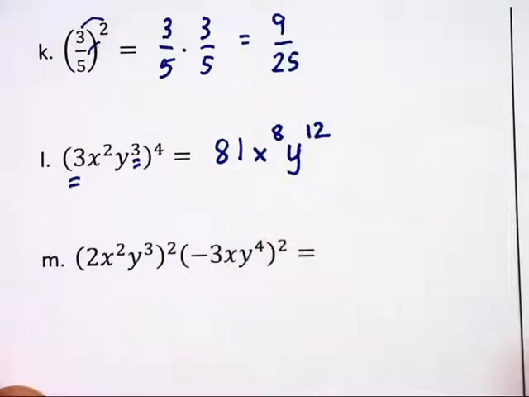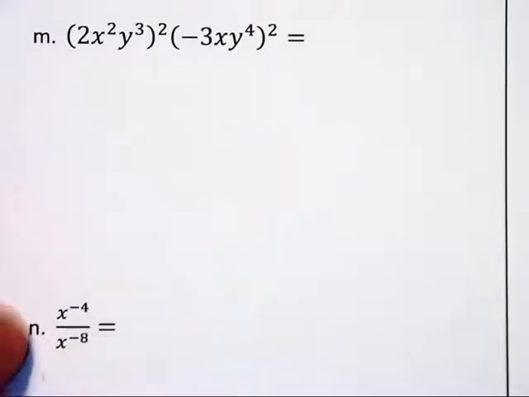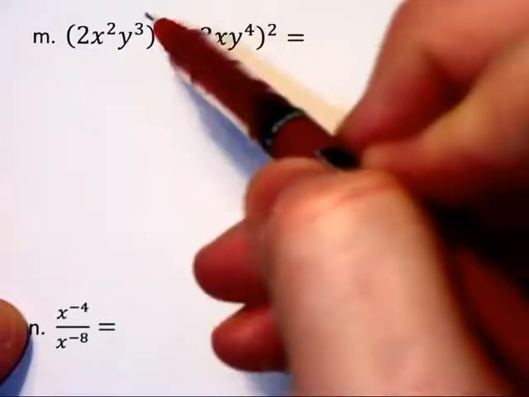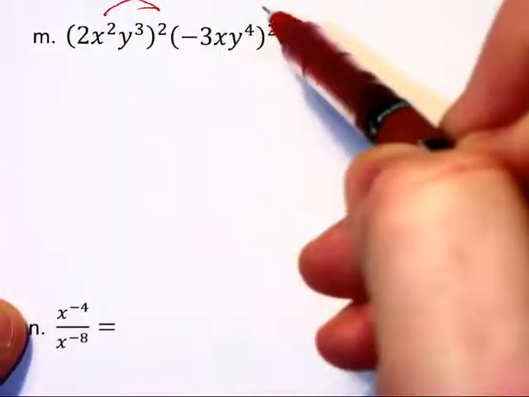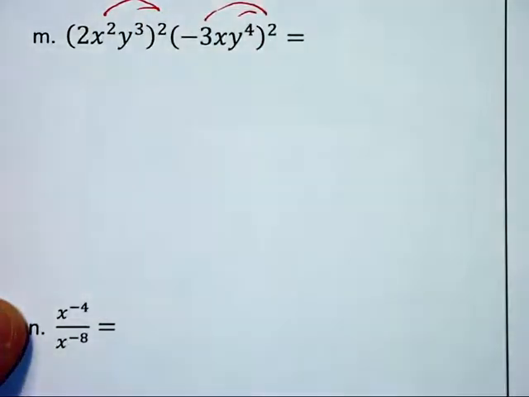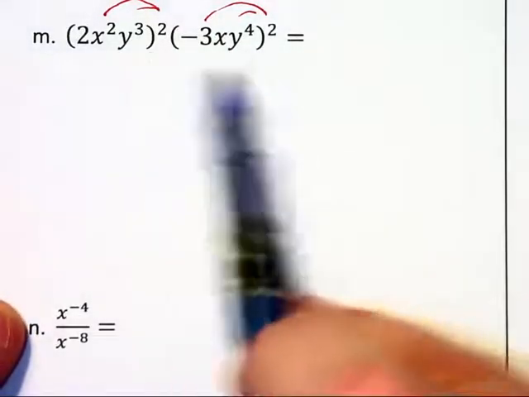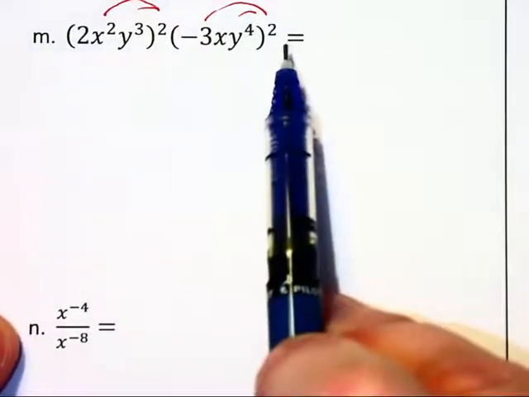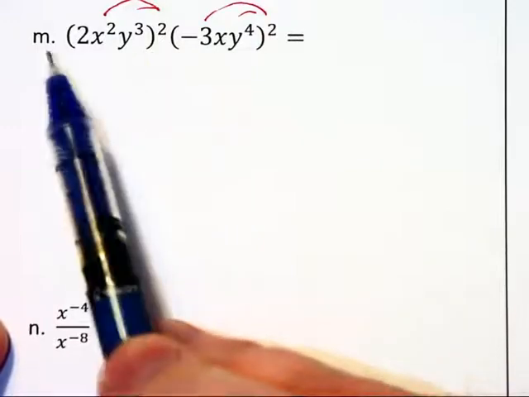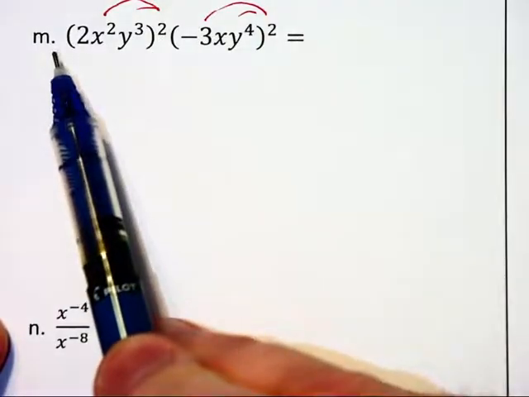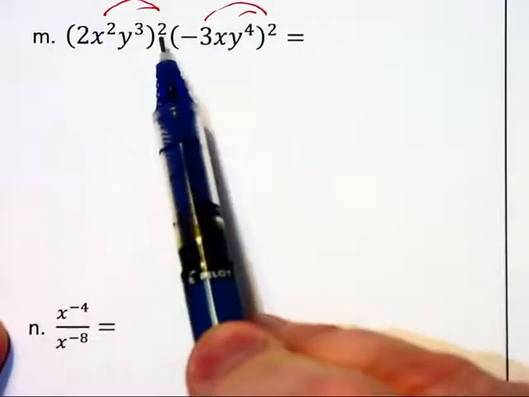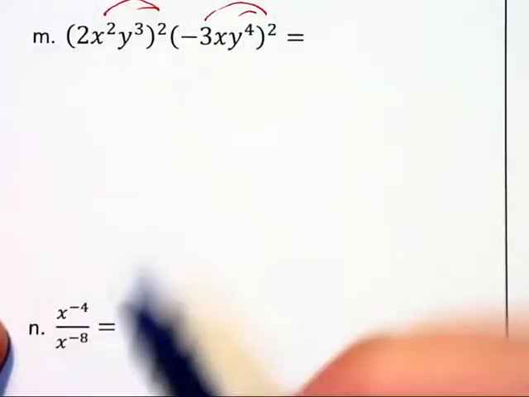So be very careful. On problem M, we need to clean up each parentheses first before we multiply. So I'm going to bring in this outer exponent. Now don't use the word distribution here, because distribution is where you have a number out front getting multiplied by each thing inside. This is a power being applied to everything inside.